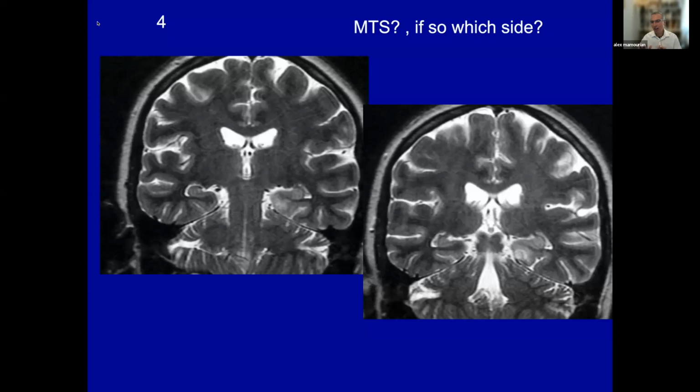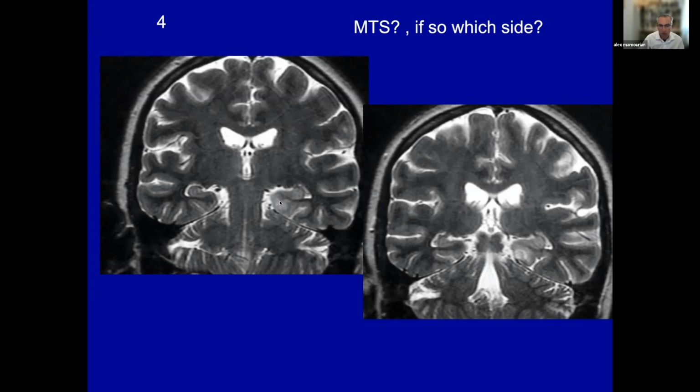This is a little bit of a trick question that I put in here. When you look at these images, you notice that here's the right hippocampus lying medial to the temporal horn. Here's the left hippocampus. It actually looks about the same size, but you've lost internal structure. But the important observation is there's something else abnormal here.